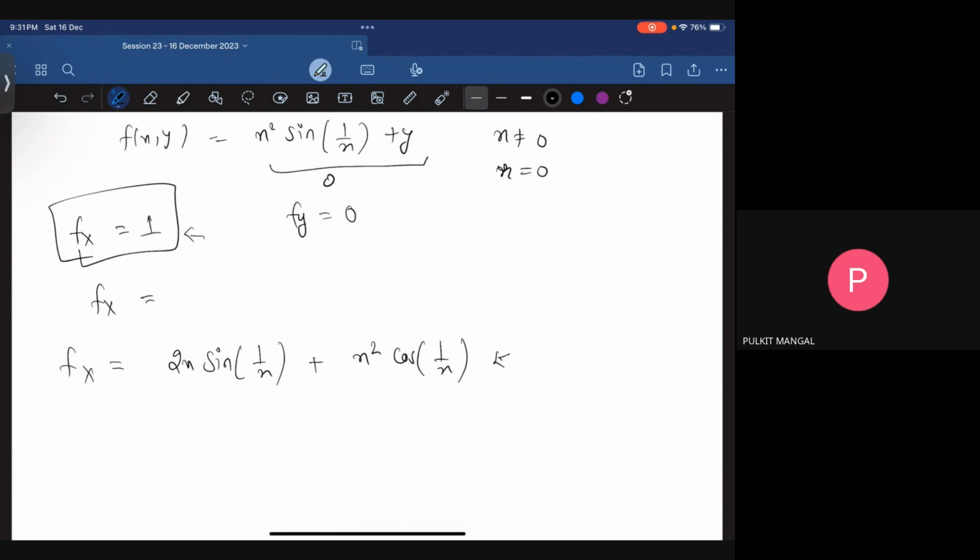This is when we are not at the origin. And when we are at the origin, it is the value we found before. So we basically need to check now whether this function is continuous or not.